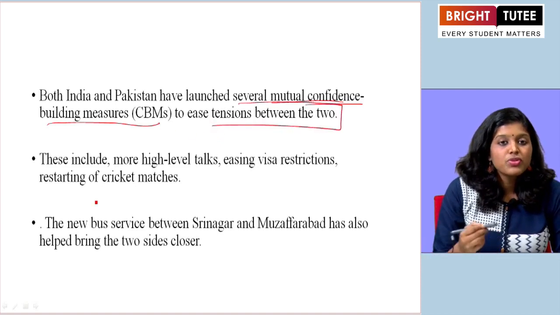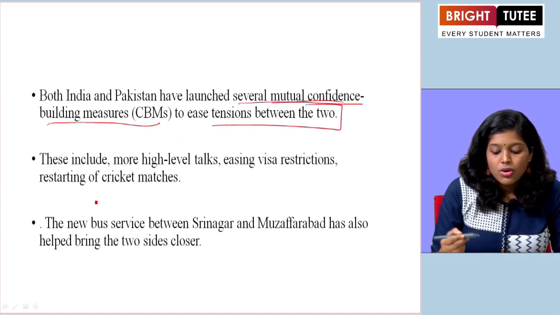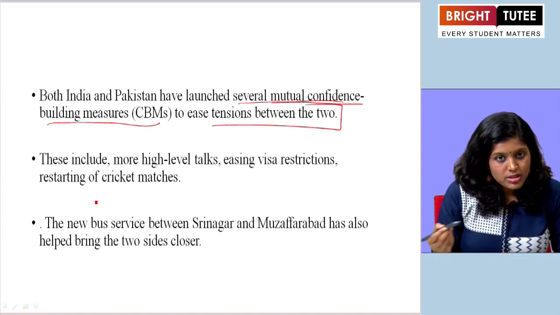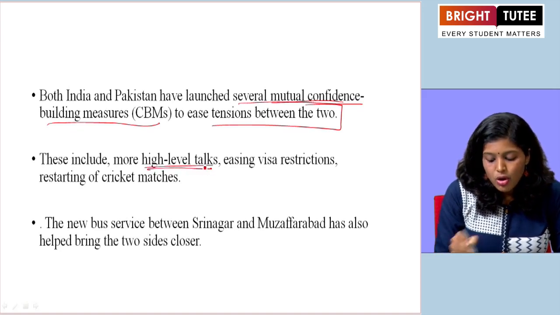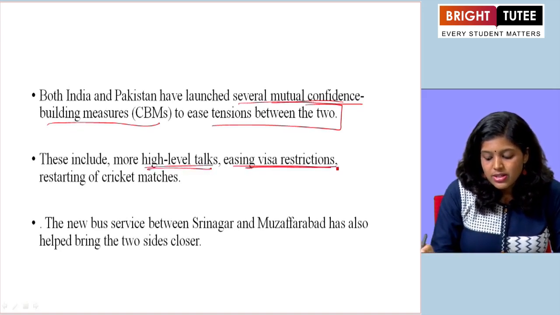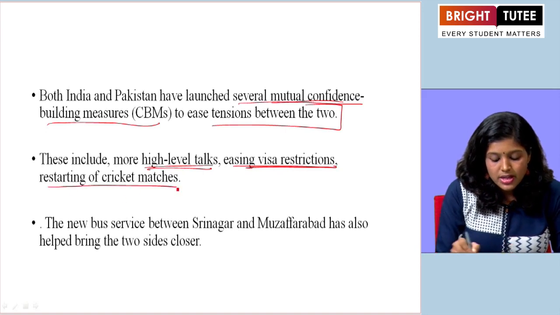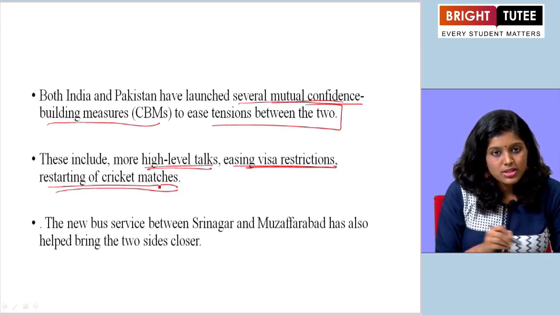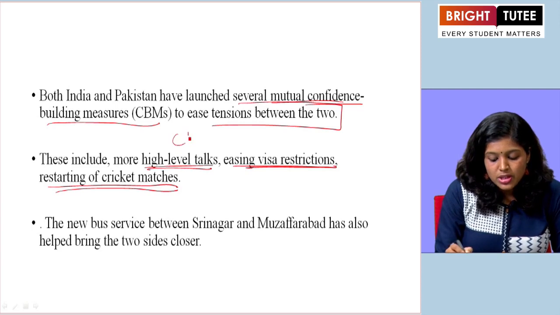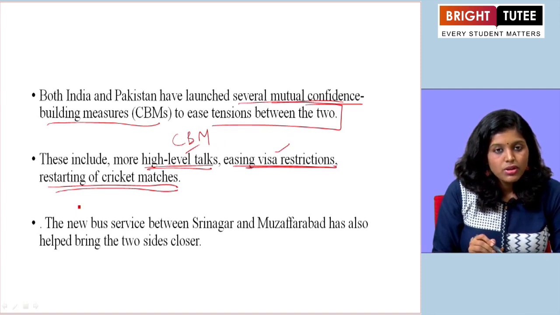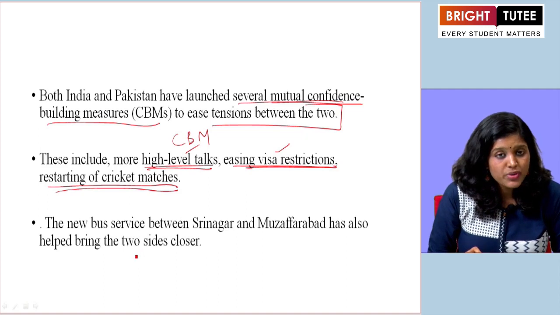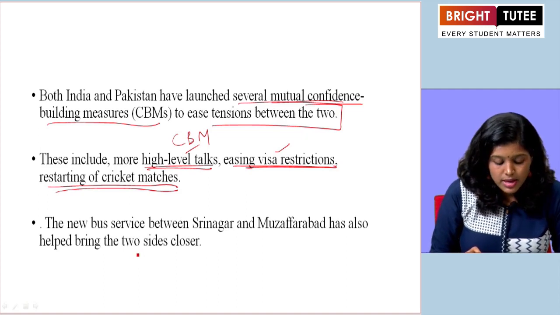In order to improve the relations, they have also launched several confidence building measures, and these include high level talks, easing visa restrictions and restarting of cricket tournaments in order to create an atmosphere of trust and goodwill.